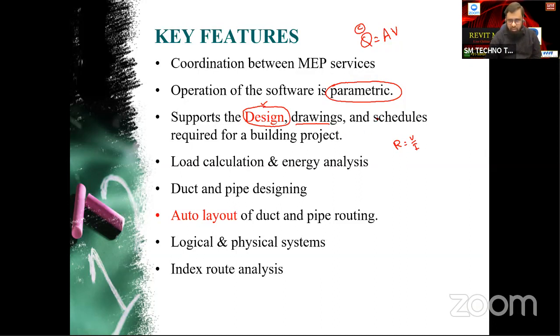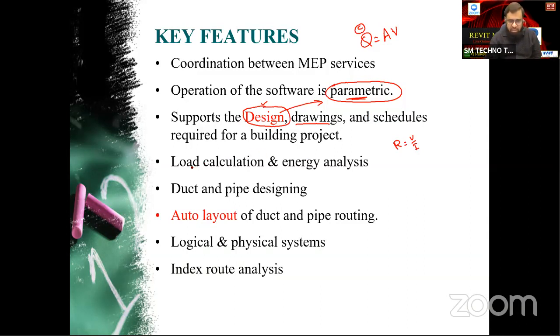Okay. So that's the reason, because of the design, Revit works on the parametric engine. If you're dealing with HVAC, Revit follows ASHRAE standards. If you're dealing with plumbing, Revit follows IPC, meaning Revit follows all the latest international standards for designing. Or else you can use your own local standards also as per the requirement.